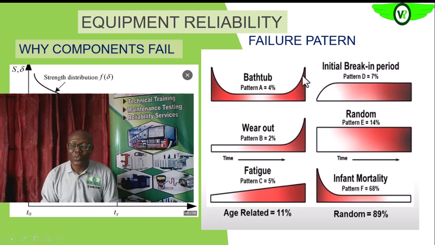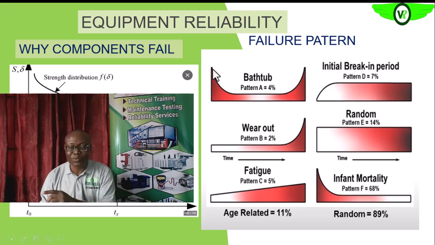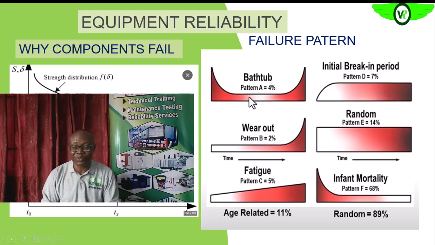So you will see that most of us feel that the failure of all of these components, or the failure of our asset, will follow this pattern.